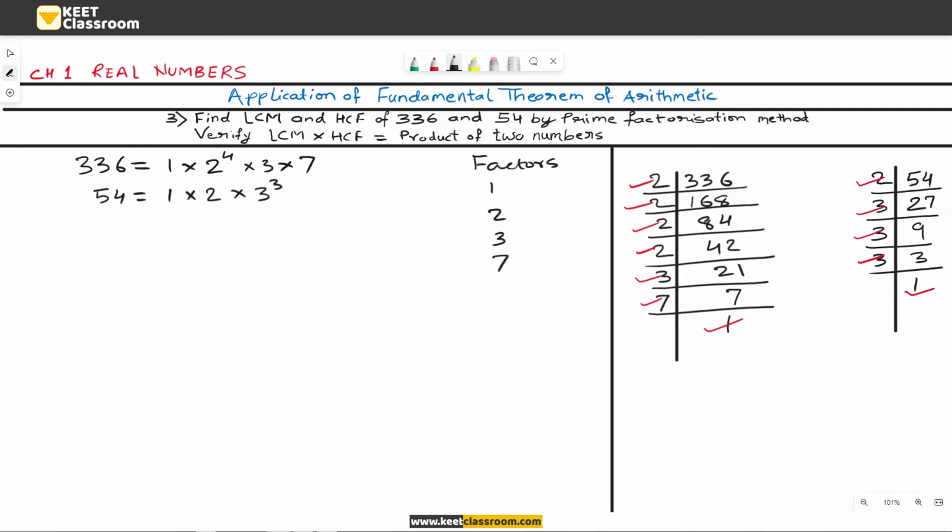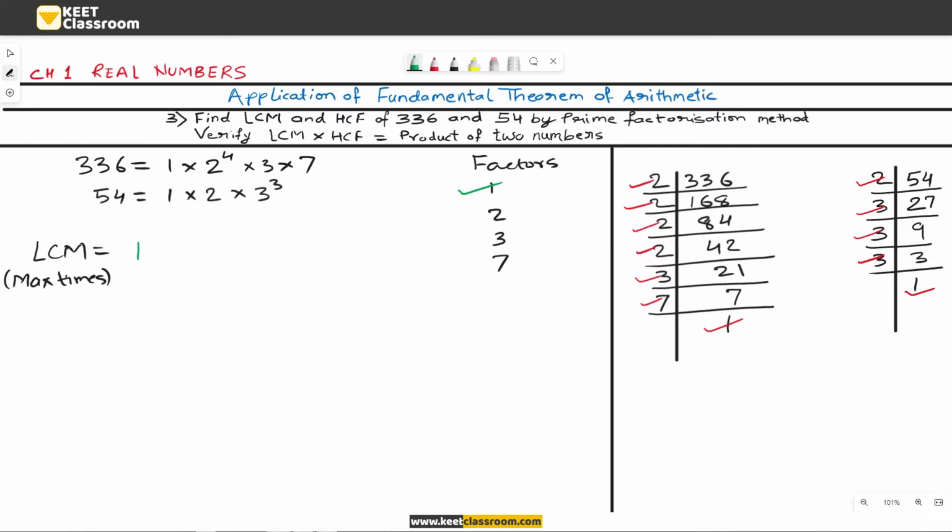Now let us write the LCM. For LCM, the factors to be selected are those present the maximum number of times. So let us take the first factor, 1. Now 1 is present 1 time in 336 and 1 time in 54. Therefore, the maximum presence is 1.